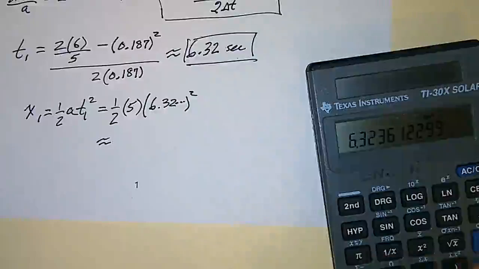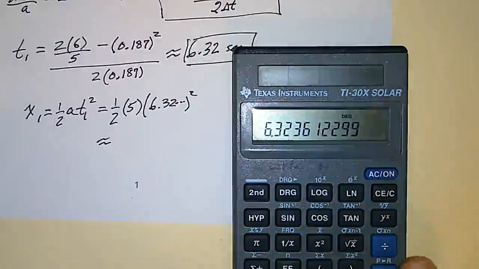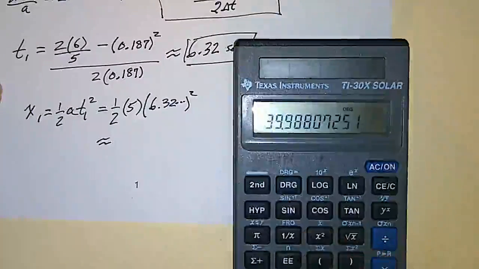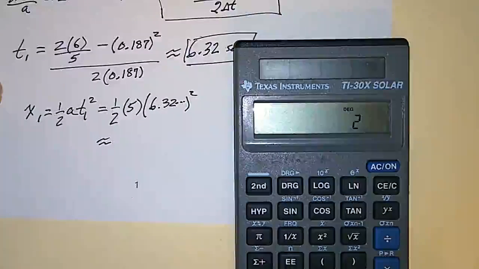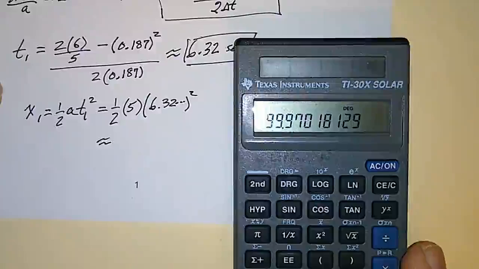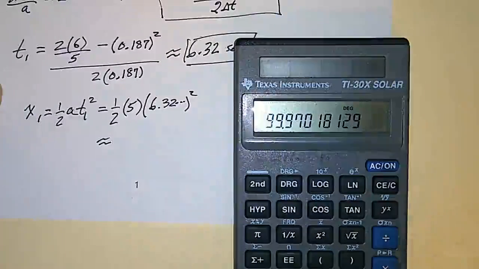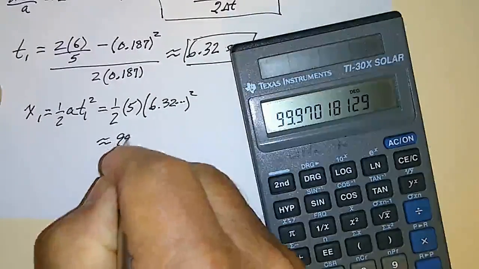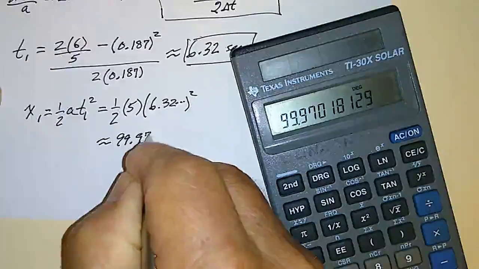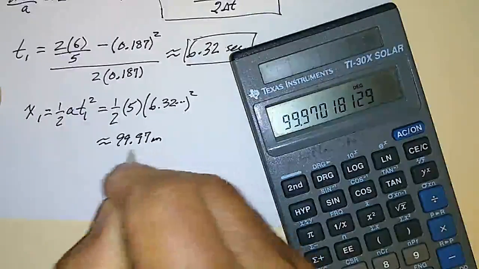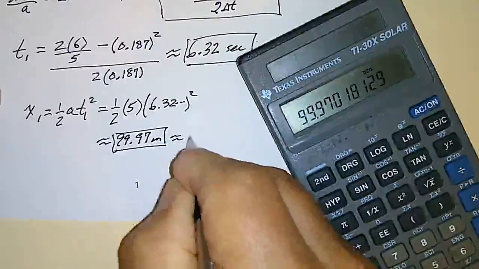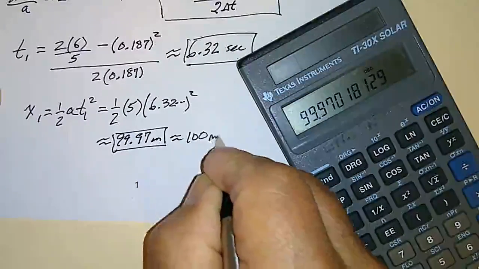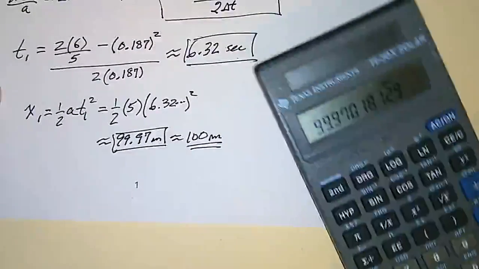I kept all the digits here, so if I square that, times 5 divided by 2, I get 99.97 meters, approximately equal to 100 meters, and that's the answer.